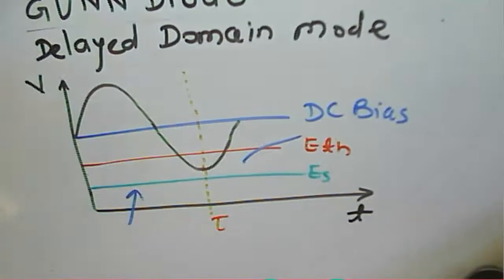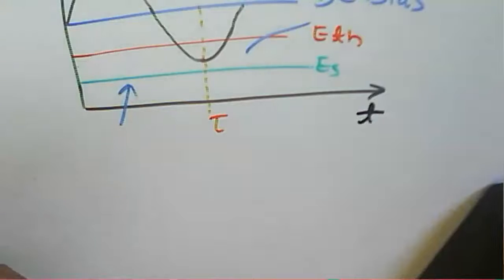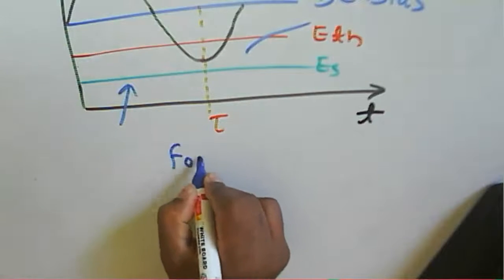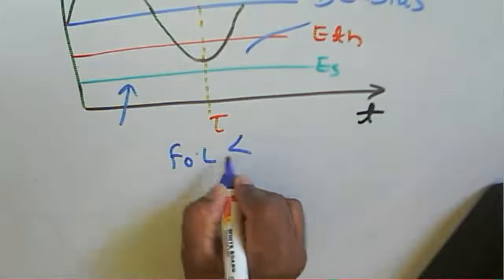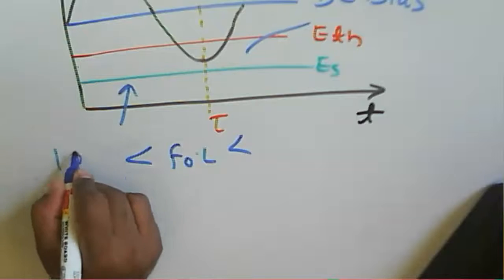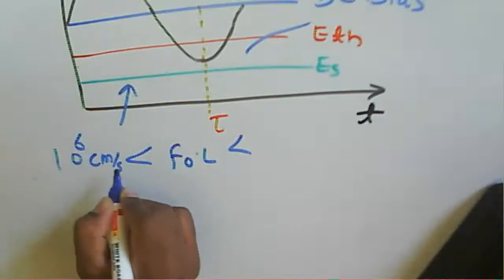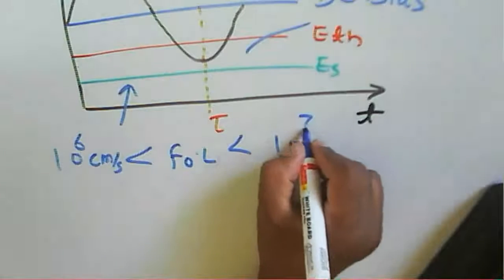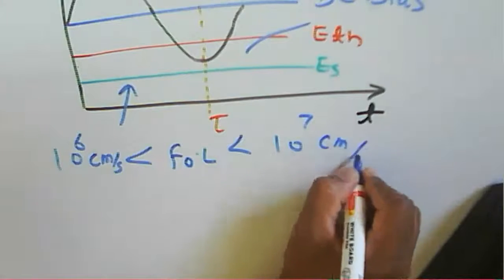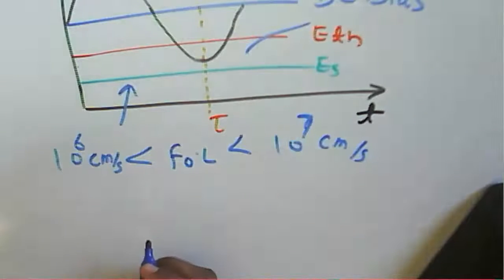Now in this case, in the delayed domain mode, F0L is in between 10 to the power 6 centimeter per second to 10 to the power 7 centimeter per second. Okay, that is about it.